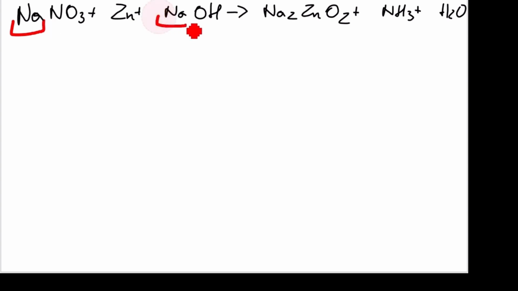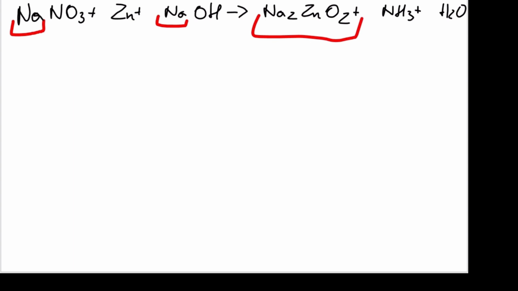Here in sodium hydroxide, the oxidation state of sodium is also equal to +1. In sodium zincate, the oxidation state of sodium is equal to +1. Okay, so there is no change of oxidation state of sodium.